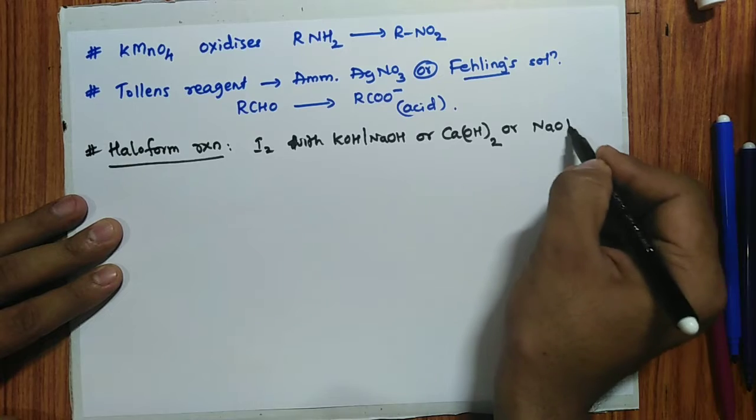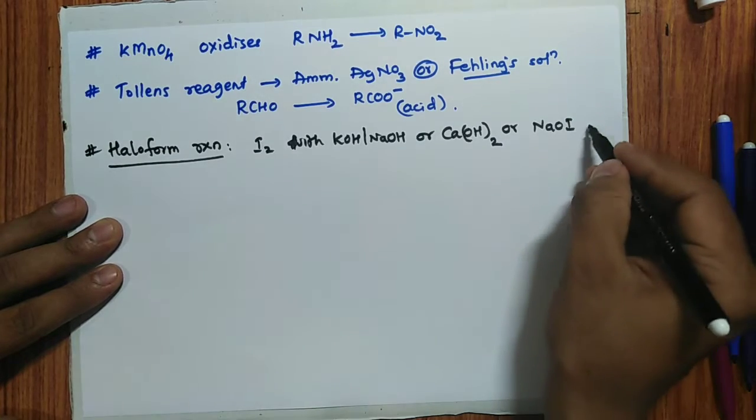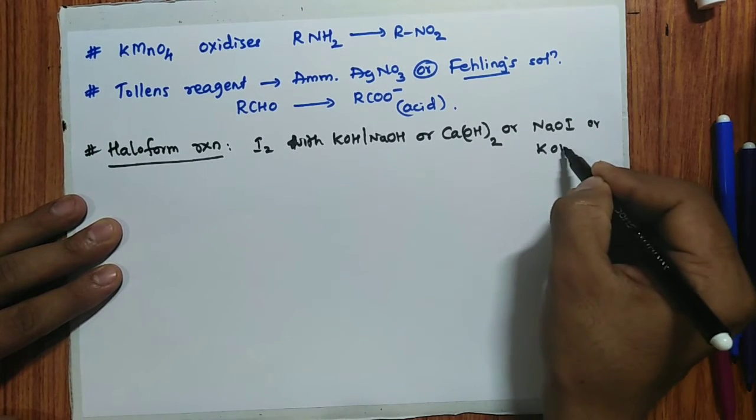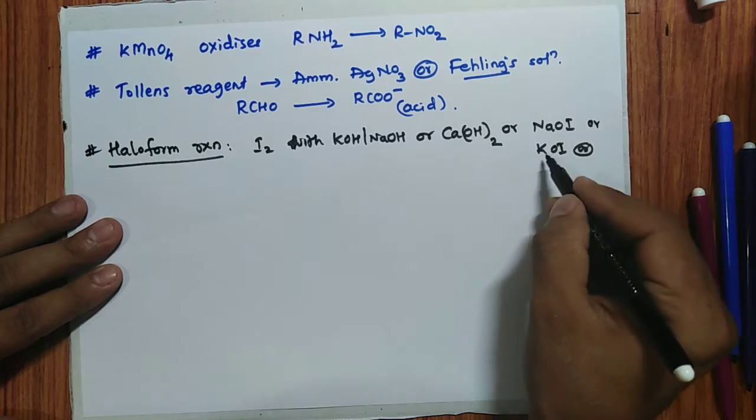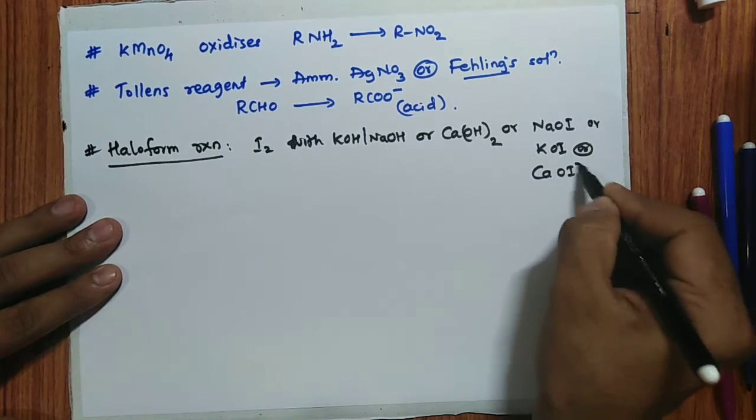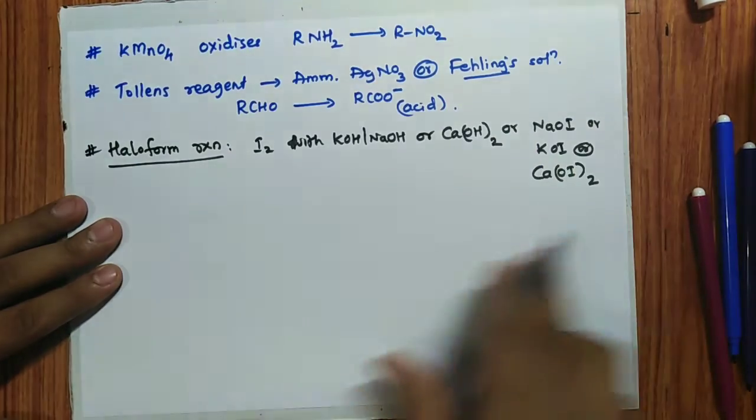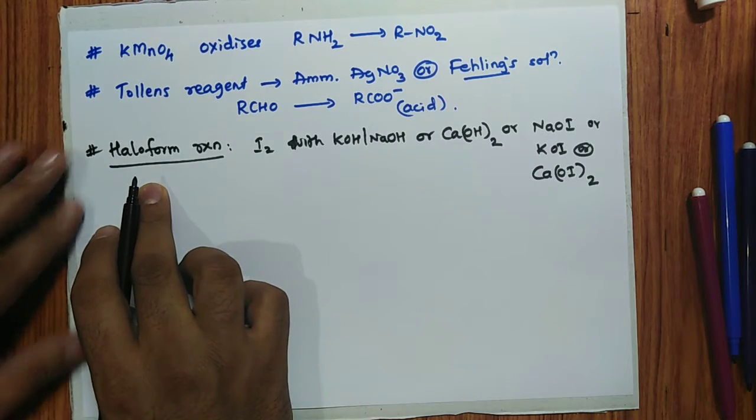Or NaOI, sodium hypoiodite, or potassium hypoiodite, KOI, or calcium hypoiodite, Ca(OI)2. Any of these can be given as haloform reagent.